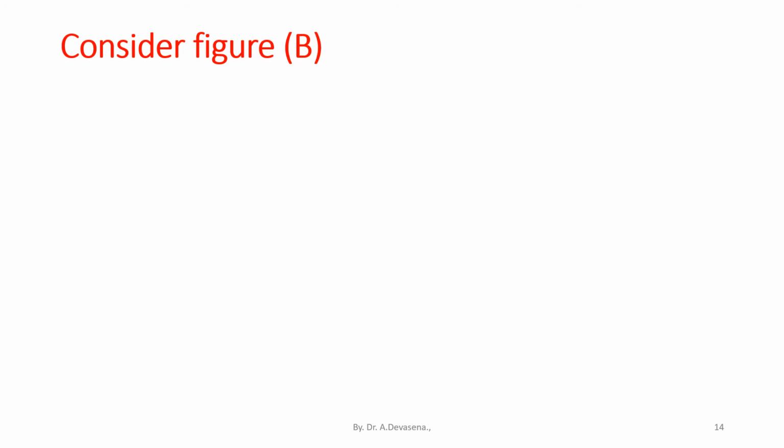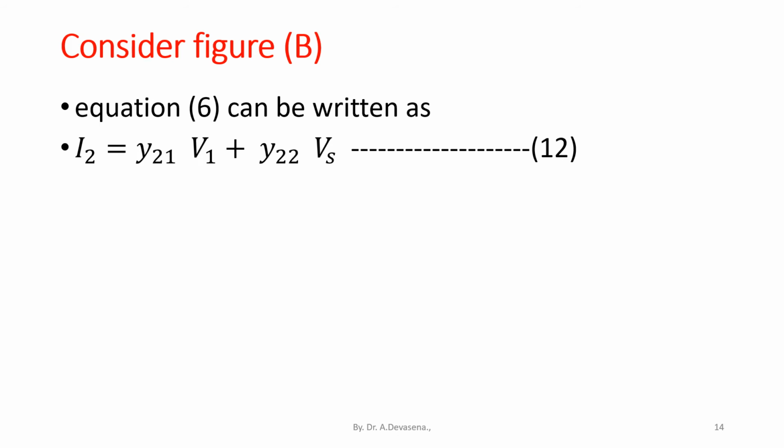Equation 6 can be written as I2 is equal to Y21 V1 plus Y22 Vs. Consider this as equation 12.